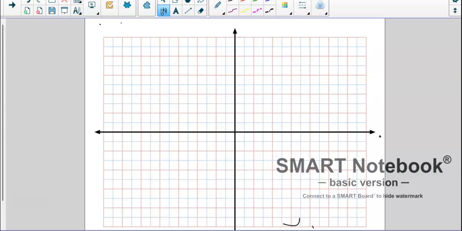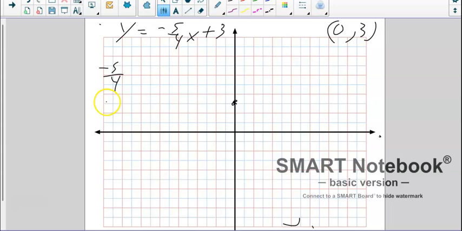How about y equals -5/4 x plus 3. So again, my y-intercept is at 0, 3. So I go 1, 2, 3. It's on the y-axis, not the x-axis. And then I'm going to go -5/4 or 5/-4, which means down and right, or up and left.